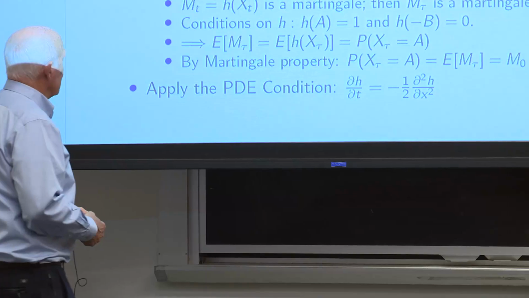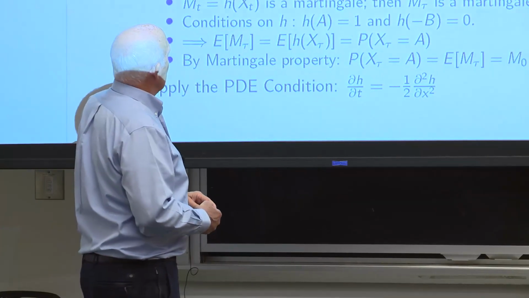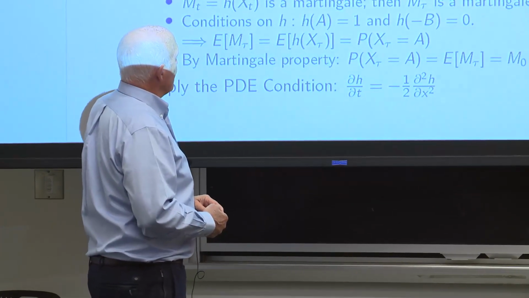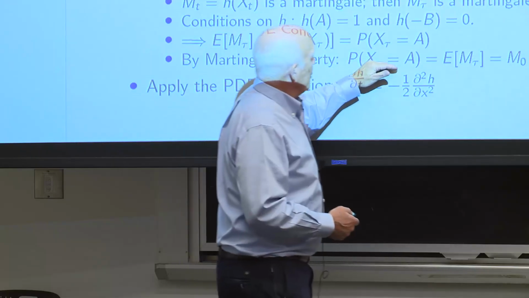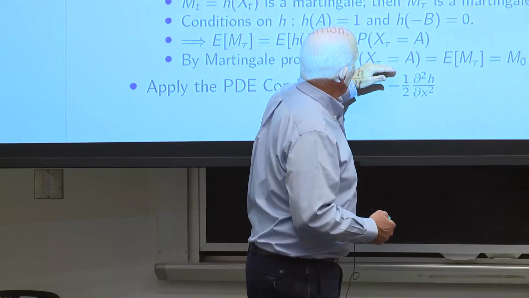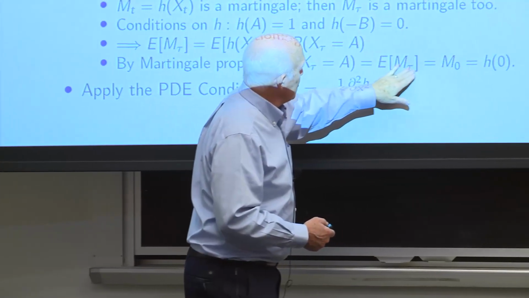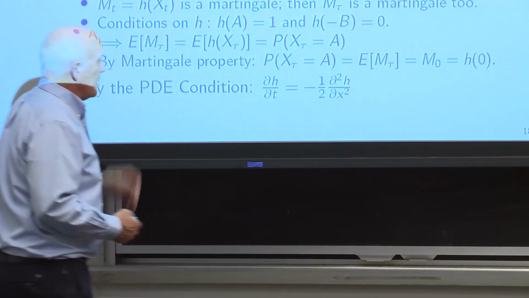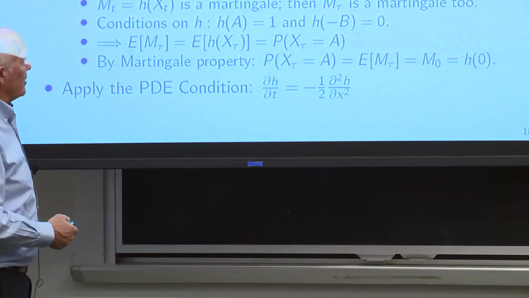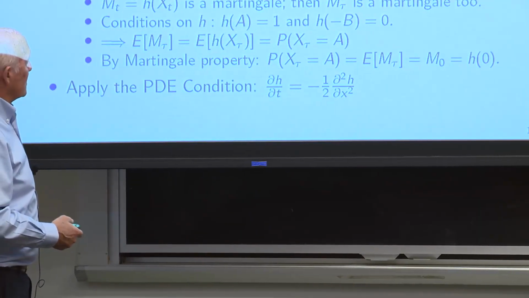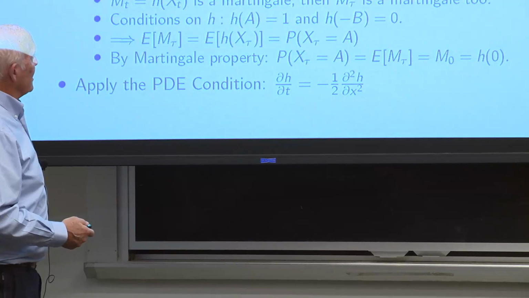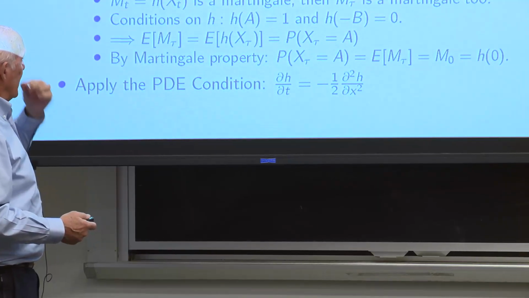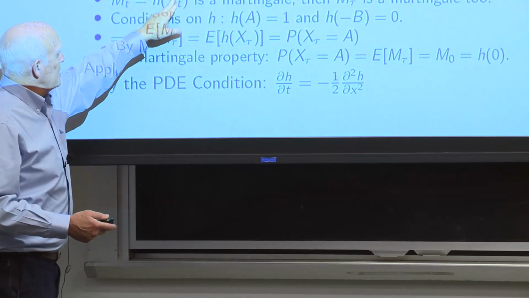And by the martingale property, the expectation of the stopped time is equal to M0, the initial value of the h function. Now, the initial value is the value when X is equal to 0.